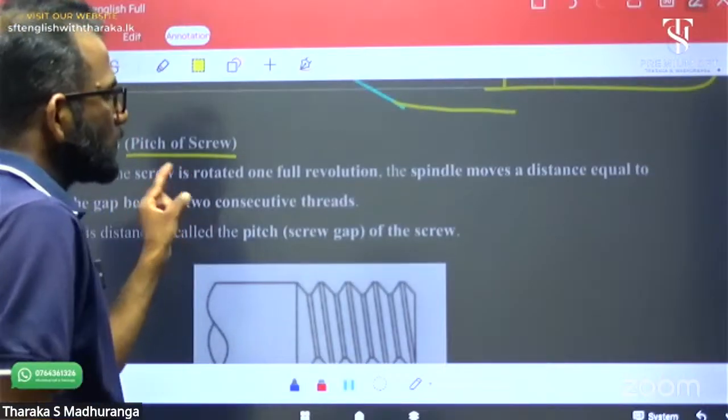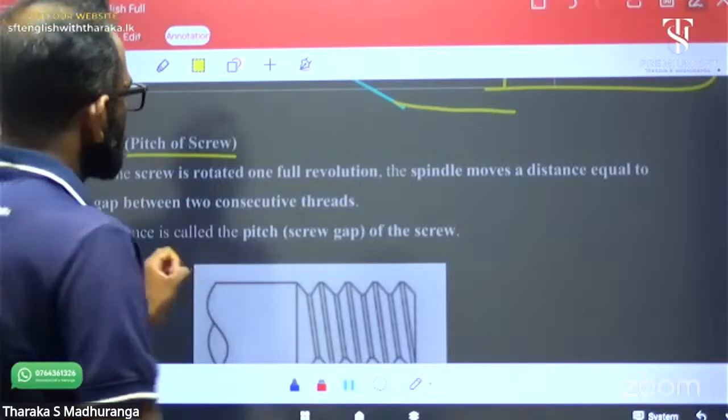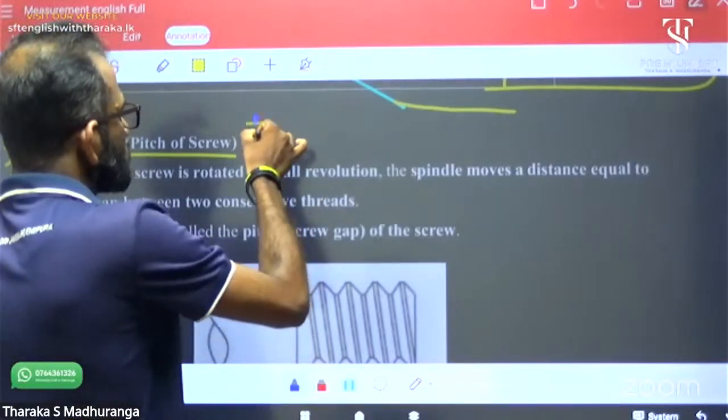Okay, this definition is not very clear. Please write down another definition here.